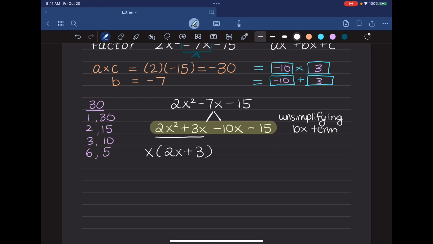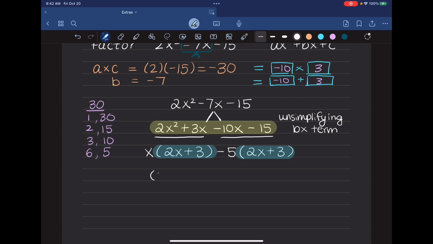And then I can look at this minus 10x and minus 15. And from there, I can factor out a minus 5, right? And then I end up getting 2x plus 3. And here's the magic of the AC method. We end up getting the same term right here, so now I can factor that out.